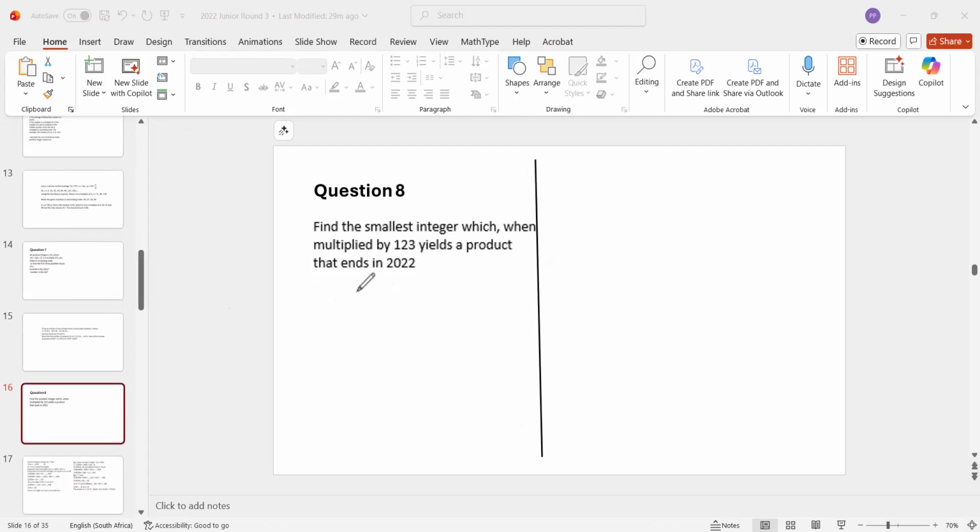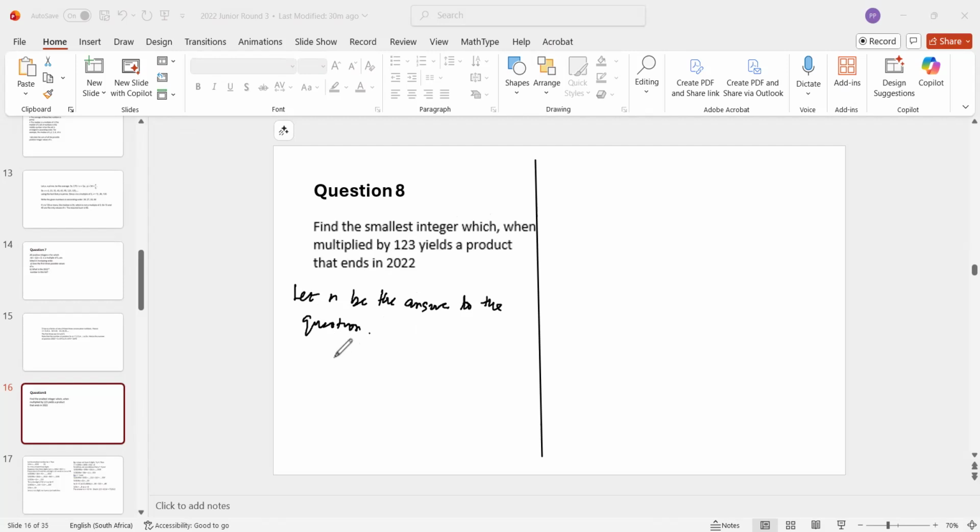So you are looking at the smallest integer which when multiplied by 123. Let's give a name to the integer. Let n be the answer to the question. So that small integer is n.